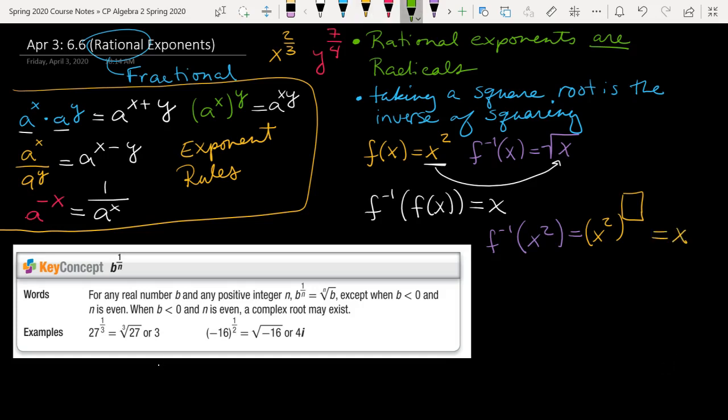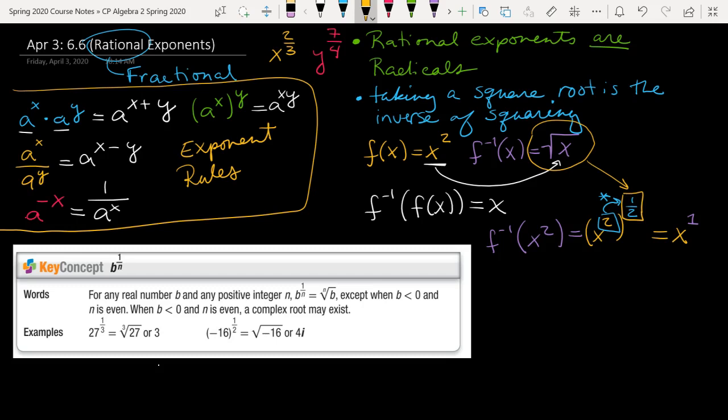Remembering, of course, that the exponent on plain old x is just a 1. Well, by the exponent rules, whatever's in this box gets multiplied by 2. And of course, the number we have to multiply by 2 to get 1 back is 1/2. All this is showing is that taking the square root and raising an expression to the 1/2 power are the same thing. And this is the basic idea of fractional or rational exponents.